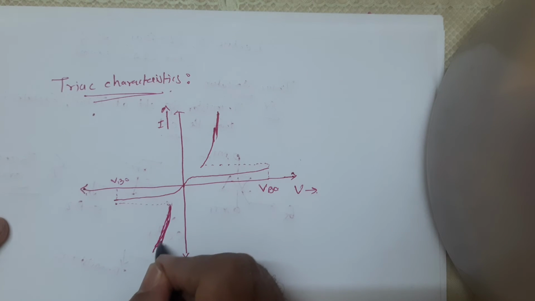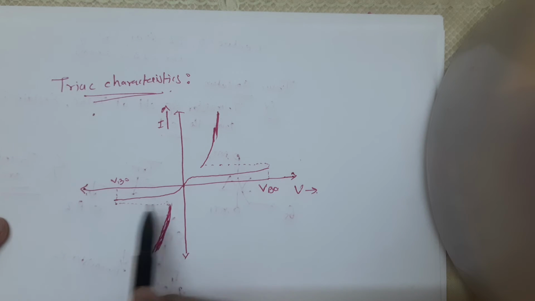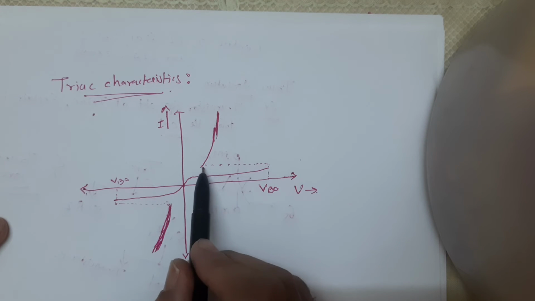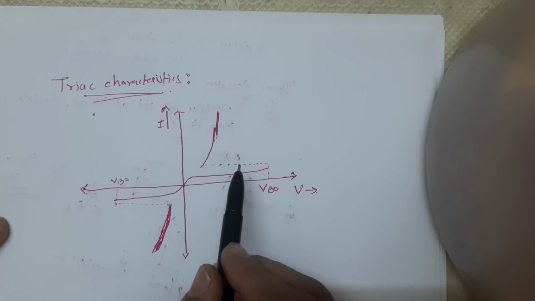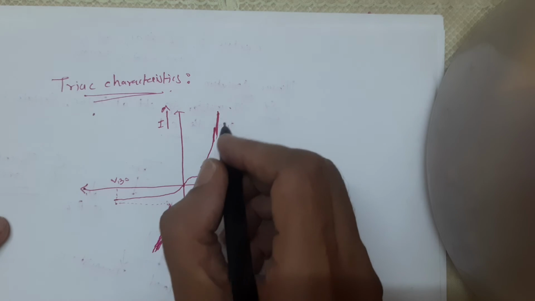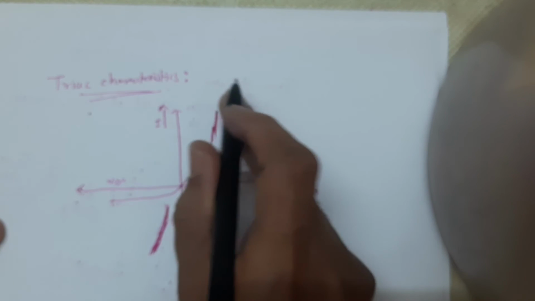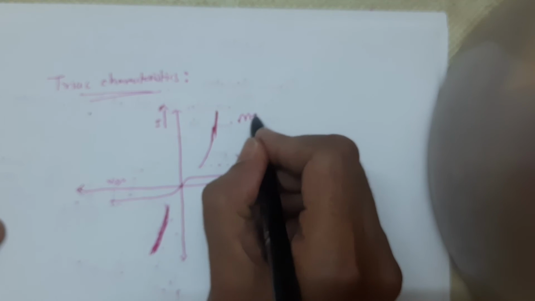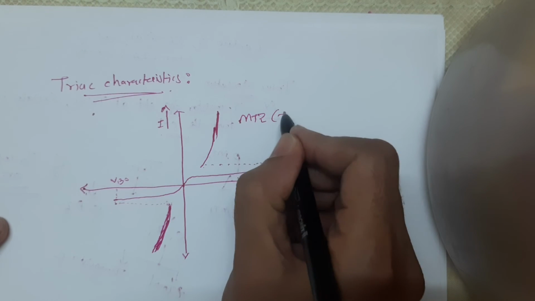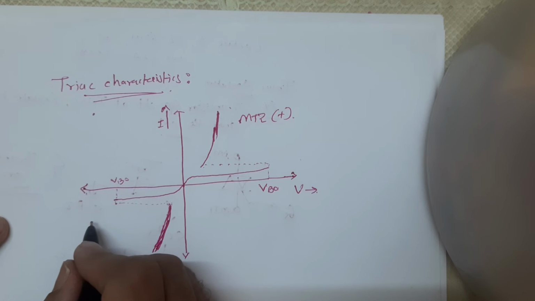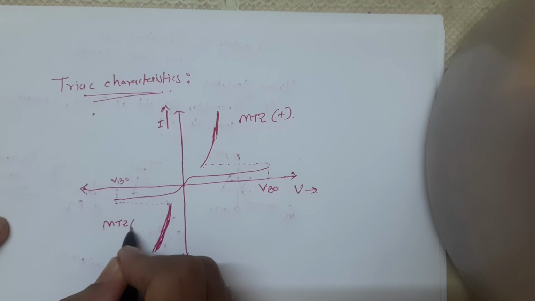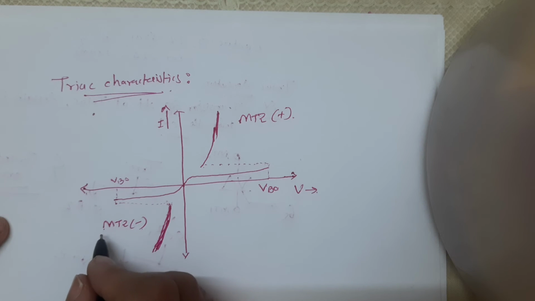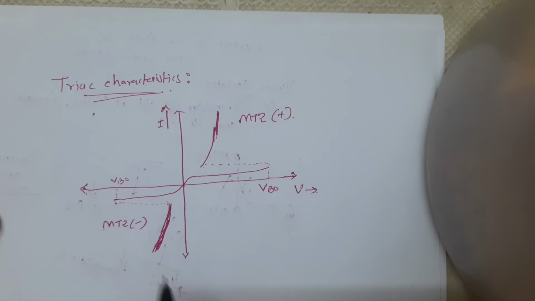This action is very fast, so we see a dotted line here. For the first quadrant, MT2 is positive. For the second quadrant, MT2 is negative, or we can say ground. So this is the triac characteristics.